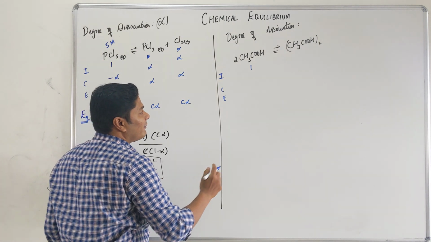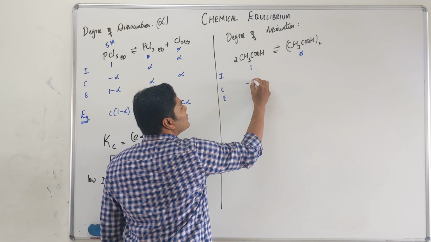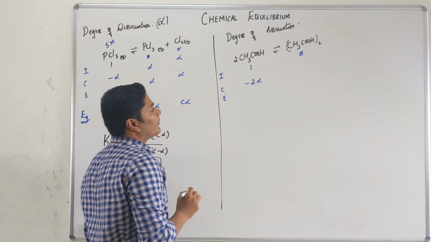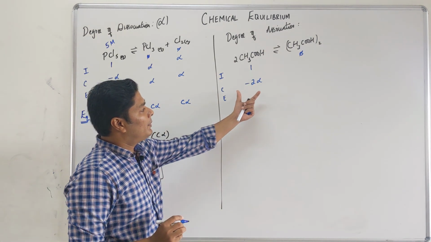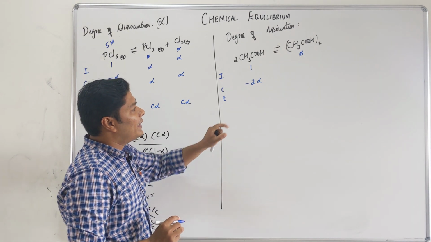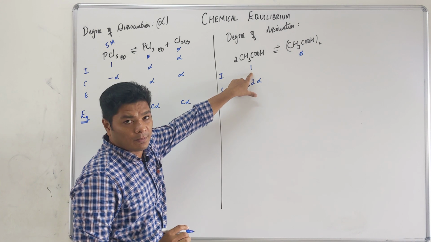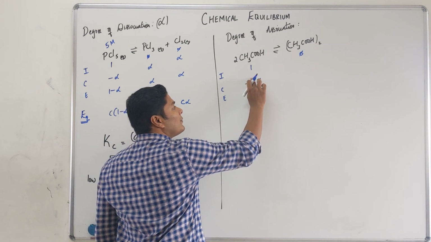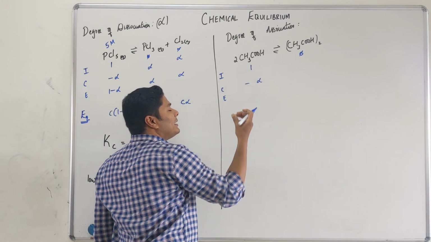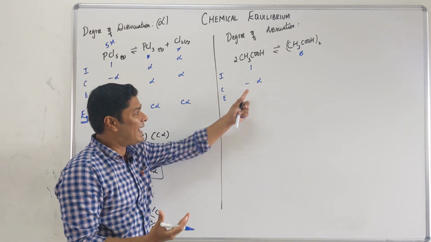So 1 I have, I don't have anything here, minus 2 alpha. This is what we are used to writing. But one thing I want to say, this is always going to be alpha out of 1. So I cannot write it as 2 alpha, I am going to write it as only alpha. The reason this is set in stone: how much I take is 1, how much is the change is alpha.